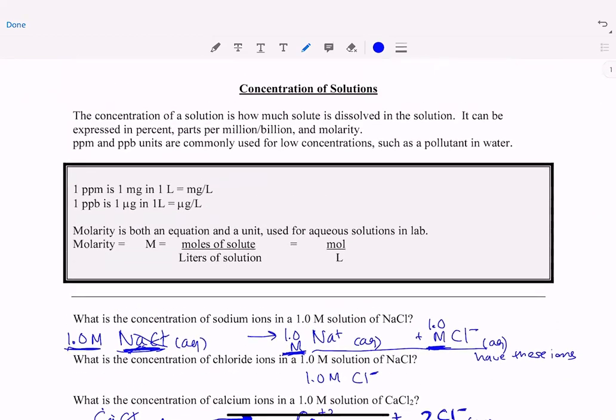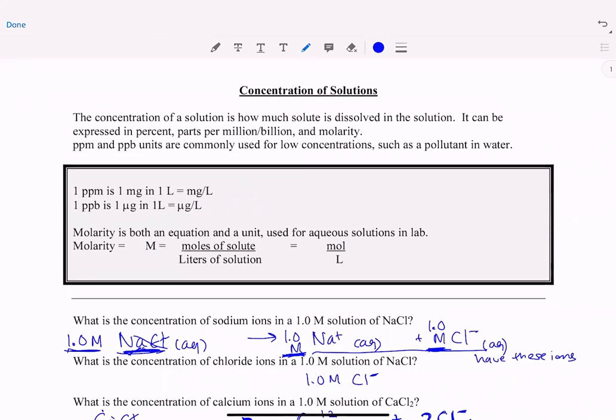So going back up to here, we actually have a conversion for this. 1 ppm is 1 milligram in 1 liter. Or you can have the units of ppm equal milligram per liter.